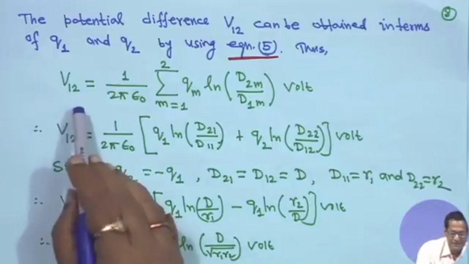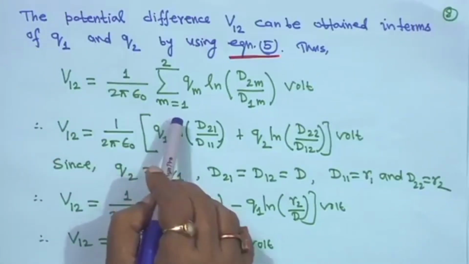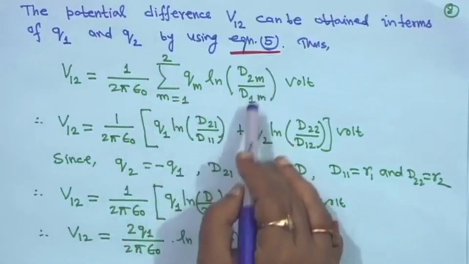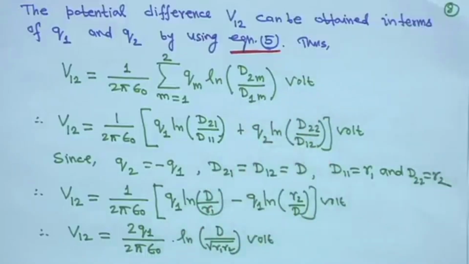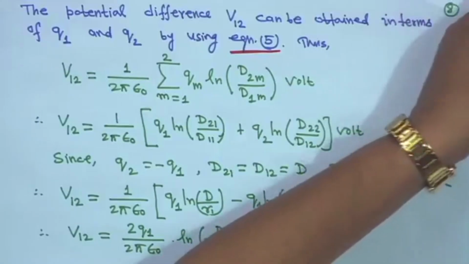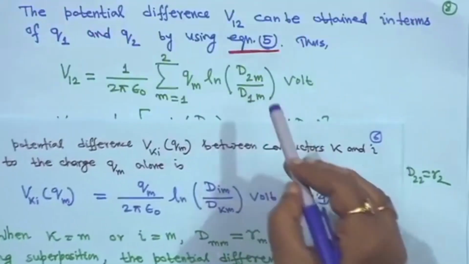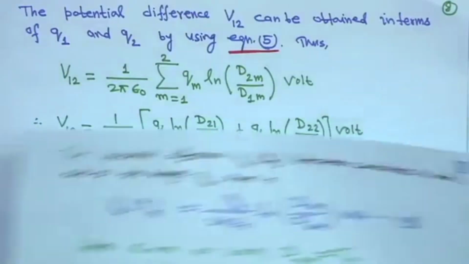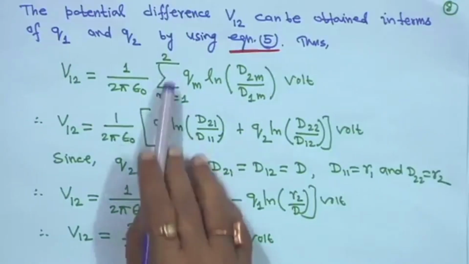The same equation, for two conductors, m equal to 1 to 2, is 1 upon 2 pi epsilon 0, sum of q m ln d i m upon d k m, in volts. Here i is equal to 2 and k is equal to 1, therefore m is equal to 1 to 2.